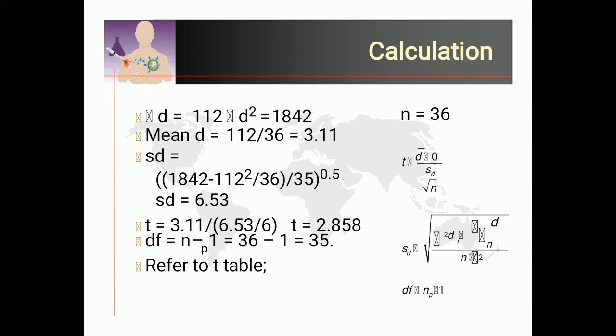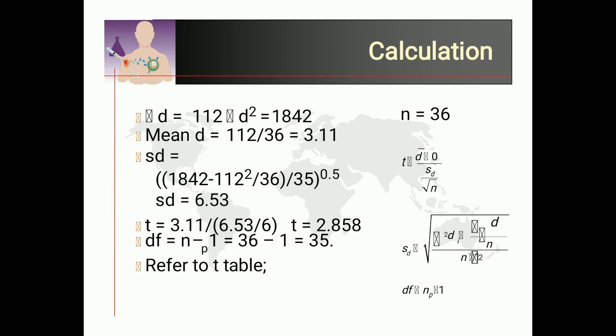Sigma D is the total of D. N is the number of objects, which is 36. So mean D is determined by sigma D divided by N, 112 divided by 36, so mean D is 3.11.